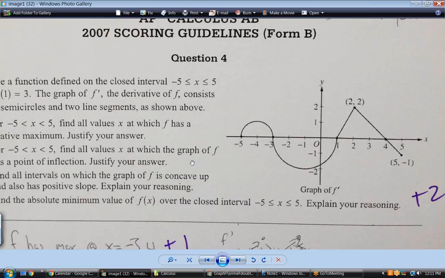Okay? So wherever that's equal to 0? Where is the second derivative equal to 0 on this first derivative curve? Not just 0, but 0 or undefined. I think -4. Correct? -1. Correct? And 2.